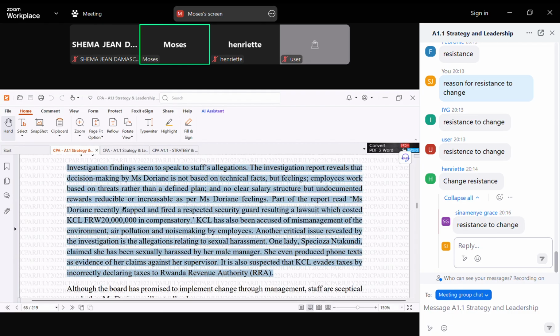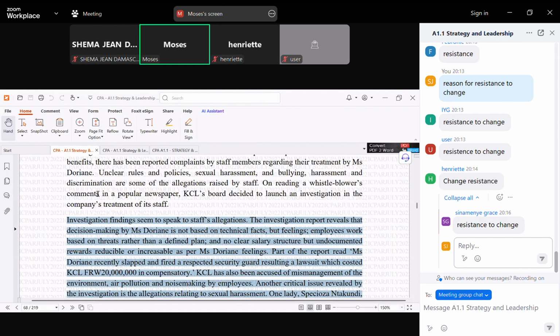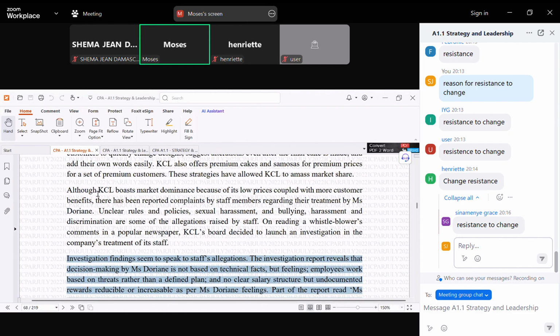Now, when you look at that, they say investigation findings seem to speak to staff's colleagues. Allegations, sorry. The investigation report reveals that, actually it starts here. Let's start here.